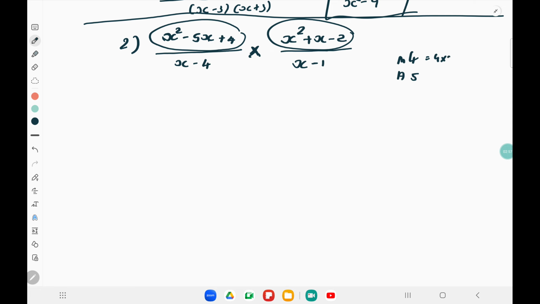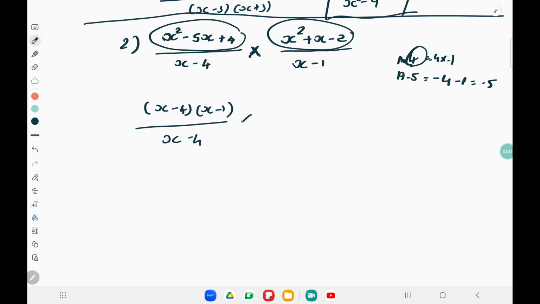So 4 times 1 is 4, and because we need minus 5, minus 4 minus 1 gives us minus 5. Both negative, when multiplied, of course gives us positive. I am factorizing directly, not going further because you know what we learned earlier. So (x minus 4)(x minus 1) over x minus 4, times.